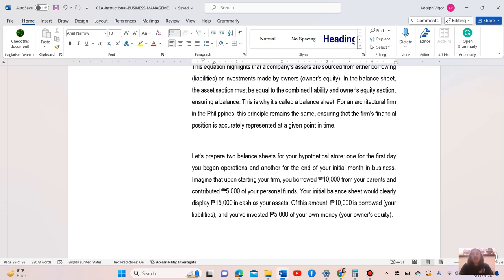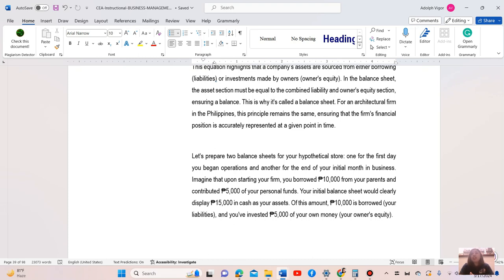So let's prepare two balance sheets for your hypothetical store, the Archie model kit, you remember? One for the first day you began operation and another for the end of your initial month in business.